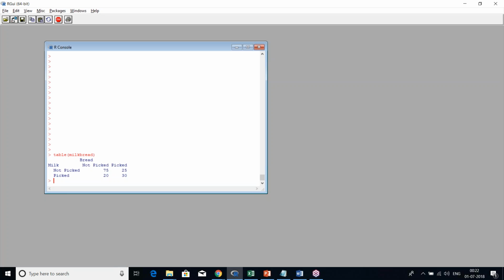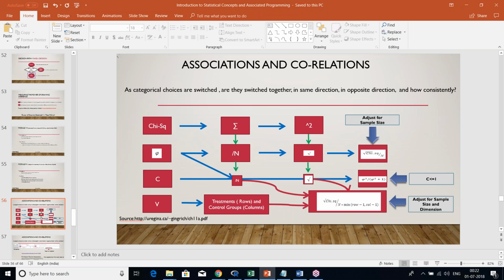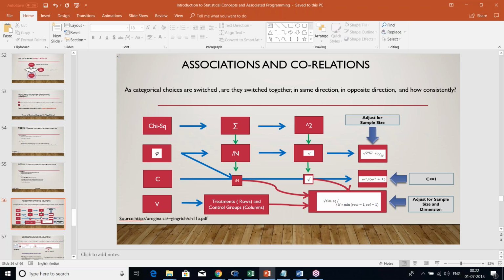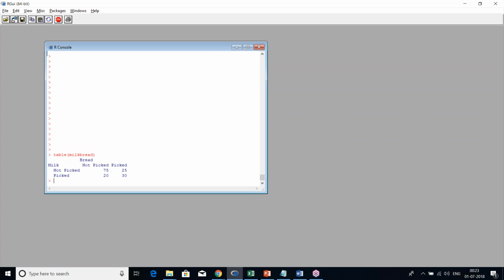That's why the dependency is there on the total number of observations as well as on the individual row and column, which is essentially the two categories, or in general terms, features. And that's why we need a countermeasure to rescale this measure so that it is not dependent on the number of observations and number of features.